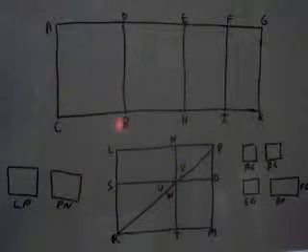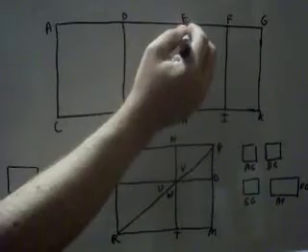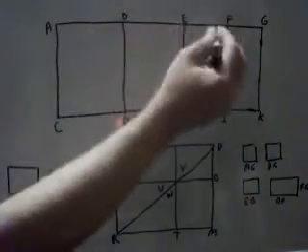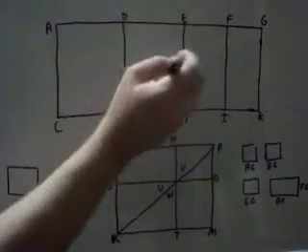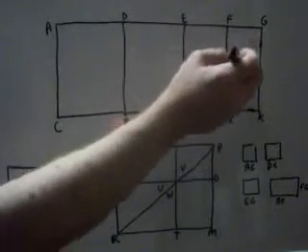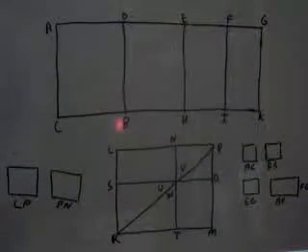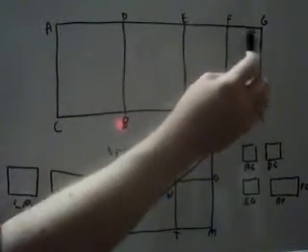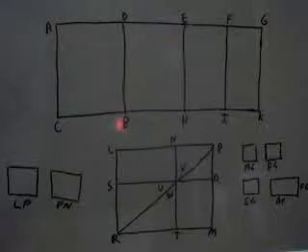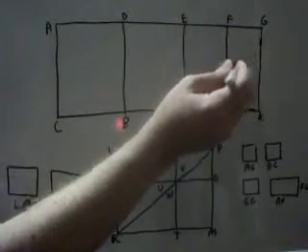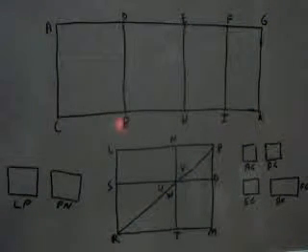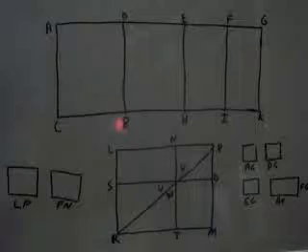While as AF is to EG, as this whole line is to this line, so is AI to EK. So is this plus this plus this to this plus this. And as EG is to FG, as this whole thing is to this, so is EK to FK. So is this plus this to this alone. That's by Euclid Book 6, proposition number 1.